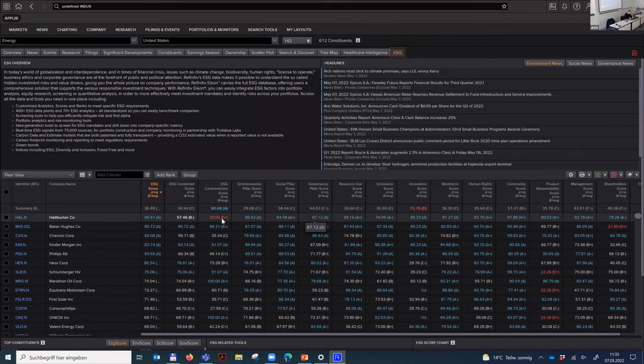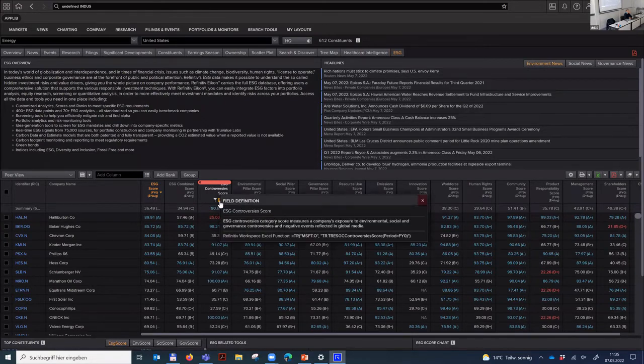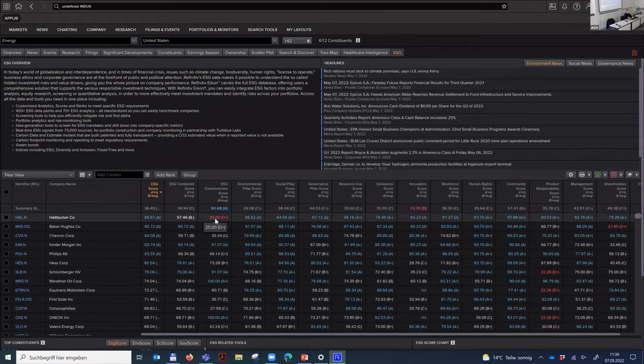And there's a so-called ESG controversies score. This is actually one of the best things that Refinitiv provides. The score measures a company's exposure to environmental, social, and governance controversies and negative events reflected in global media. Meaning, if we look at Halliburton here, they have a very low controversy score, meaning covered in the media.